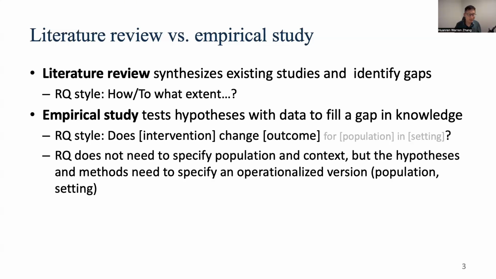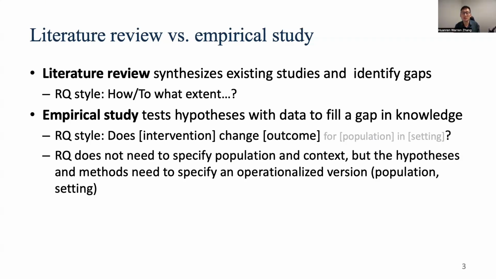Right? So data can be collected by yourself from an experiment, or you just use existing data, and you analyze the data to check whether there's evidence for some kind of hypothesis that you formulate, so that you can fill a gap in knowledge and answer your research question using this data.